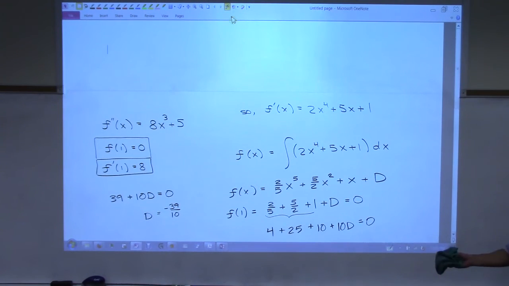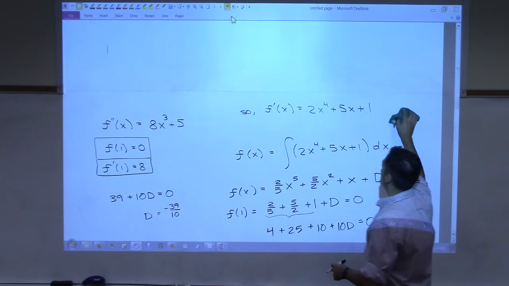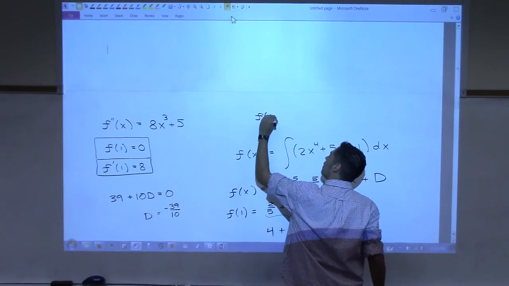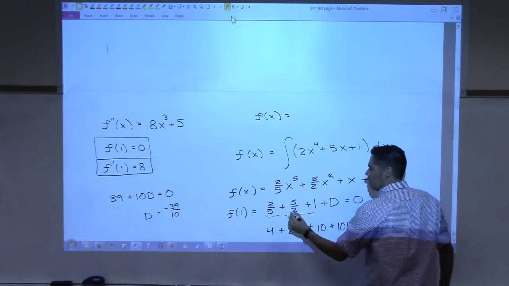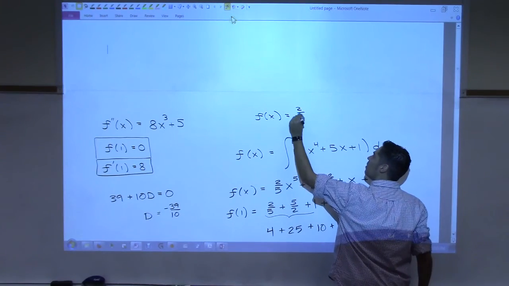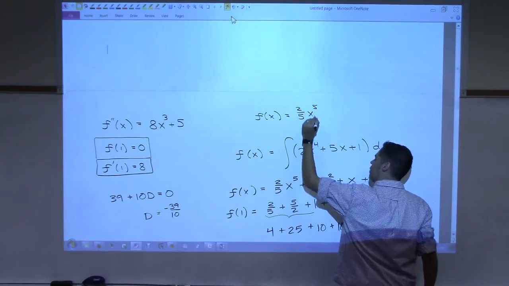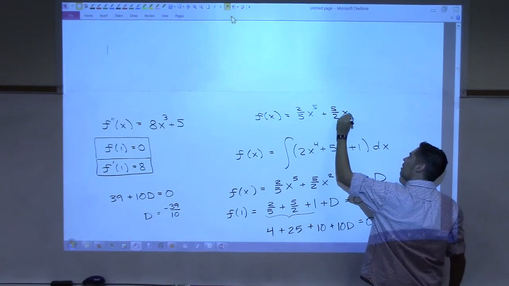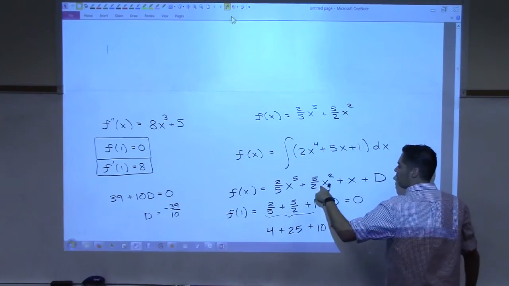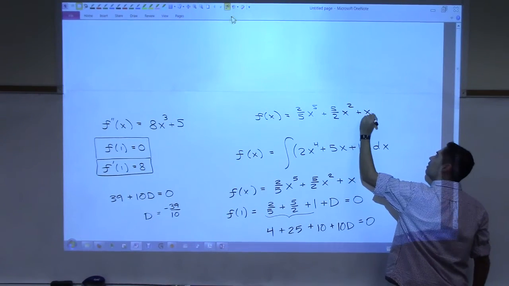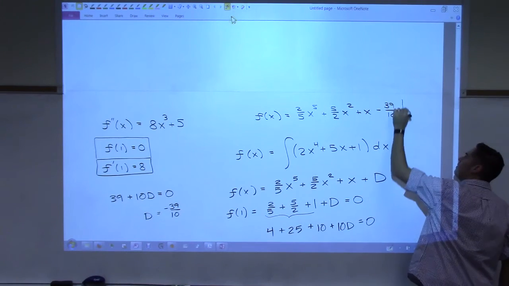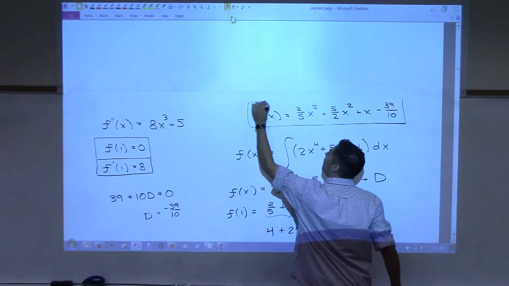So my original function f is 2/5 x to the 5th plus 5/2 x squared plus x minus 39/10. That's the original function right there.